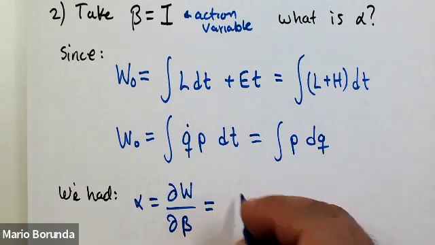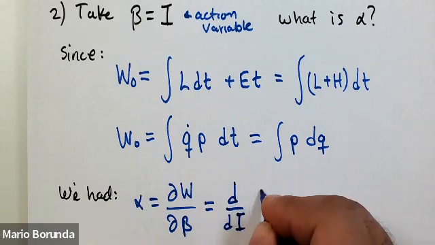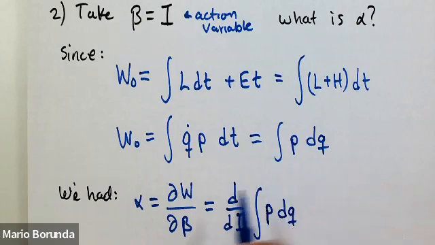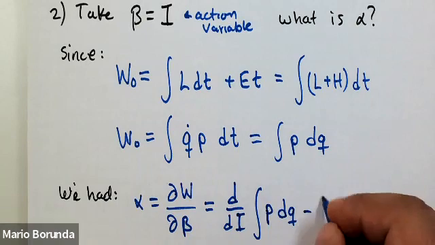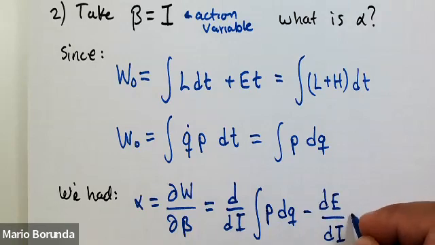So what that means is that I have the derivative with respect to the action variable of P dq, and here I'm also going to have the energy dI times t.